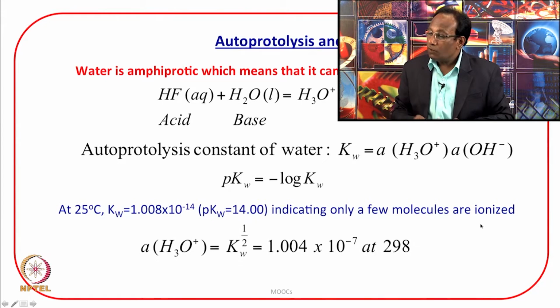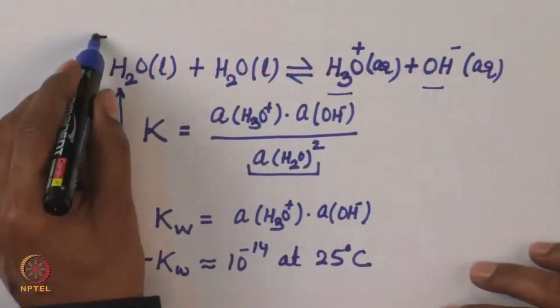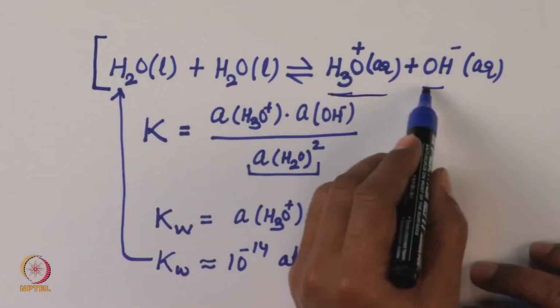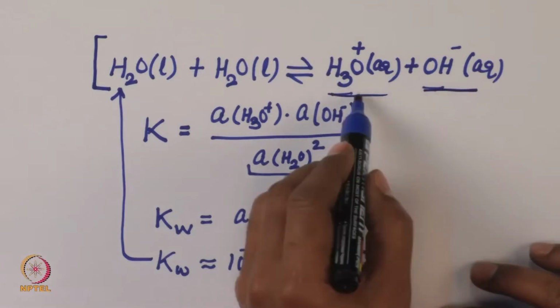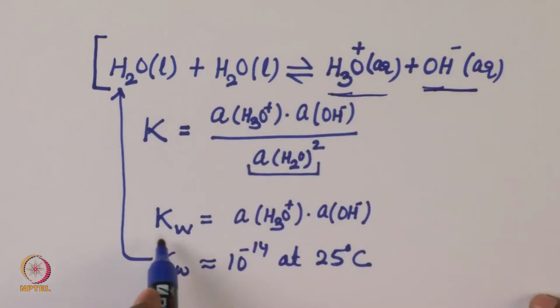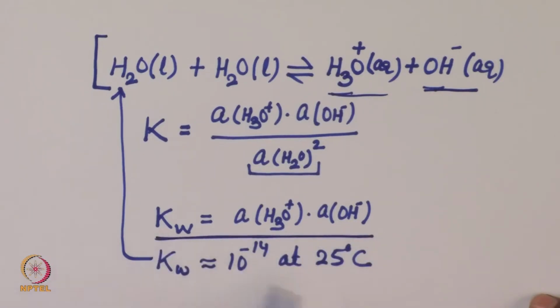And since in water the activity of hydrogen ion and activity of hydronium ion are same, if we look at this equation, the 1:1 ratio they are produced, activities are same, and therefore, I can use this equation to calculate the activity of hydronium ion.